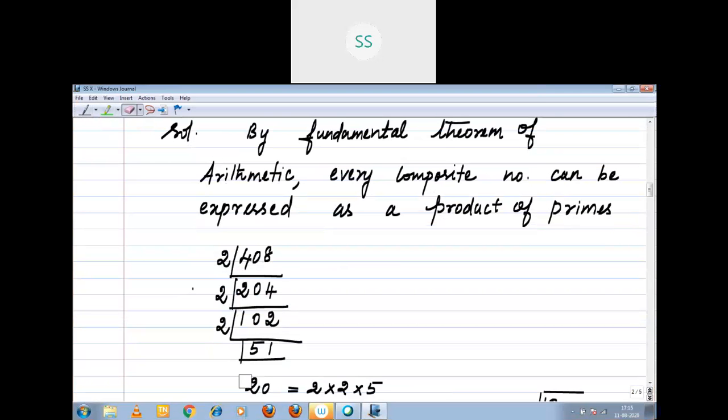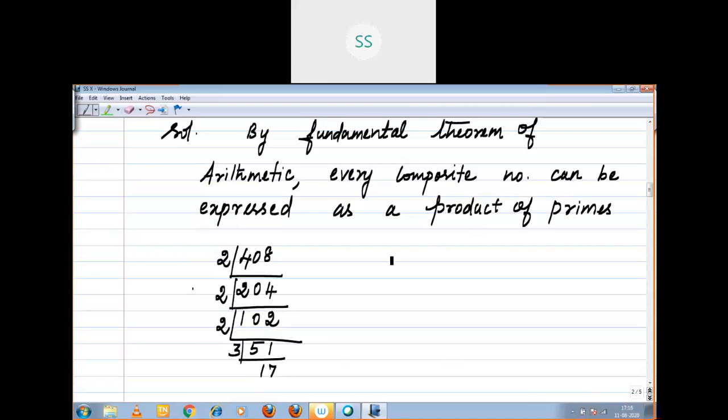I will erase this. Here you see the number is a multiple of 3, so it is divisible by 3: 17. You arrived at a prime number. That's all the division.